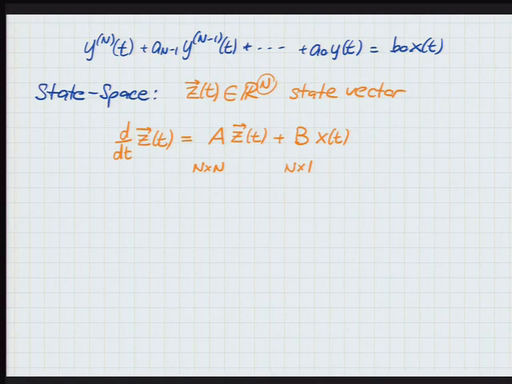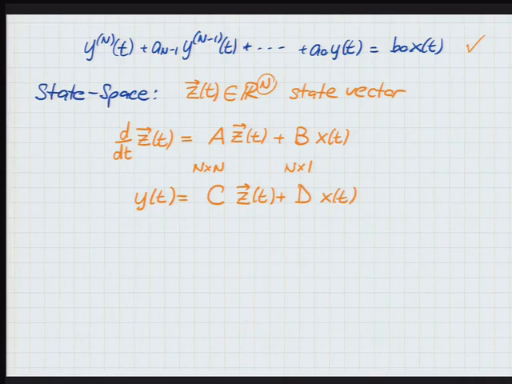Now, if we want to relate it back to a differential equation of this form where there's a single output, then that output typically depends on z, and in some cases also x. So we write y of t again as a function of z of t and x, and then you'll have corresponding matrices here, C and D. Very often this D will be 0, but in the most general case it doesn't have to be.